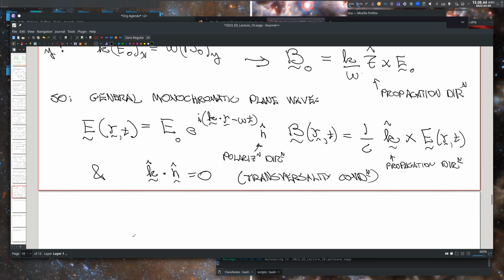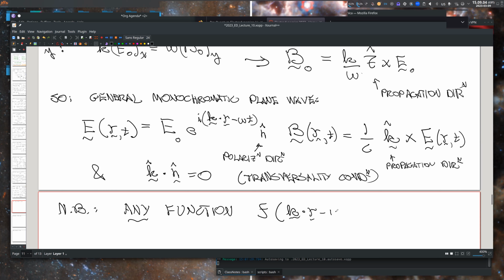The point about these wave equations is that any function f of k r minus omega t is a solution.